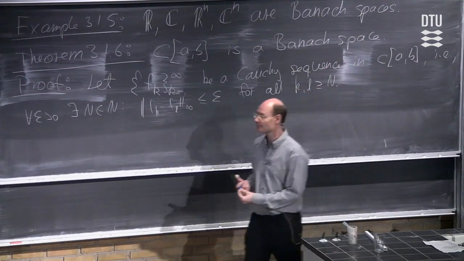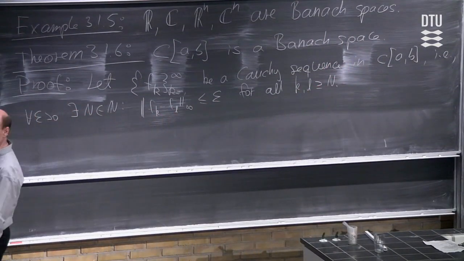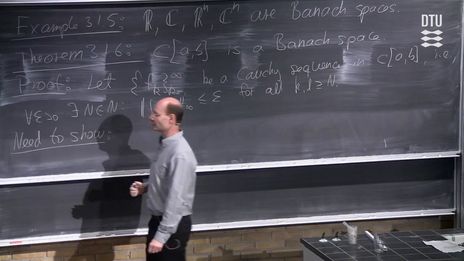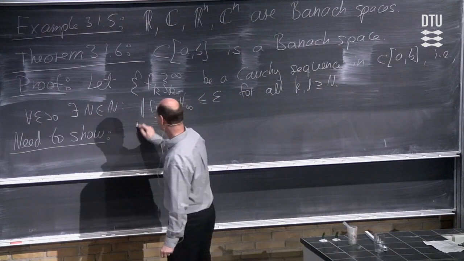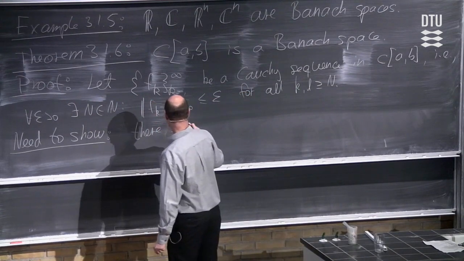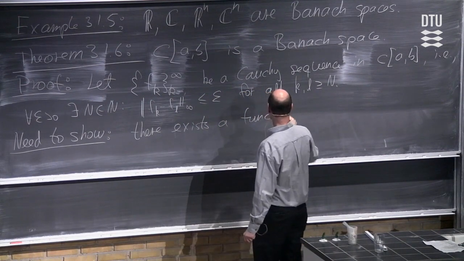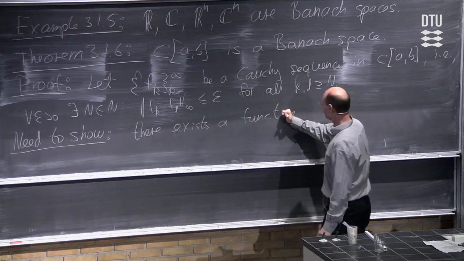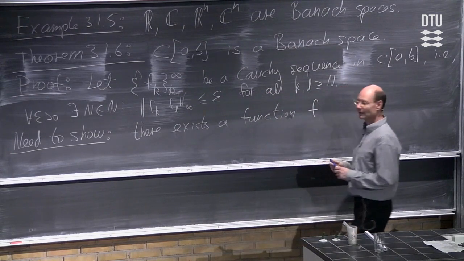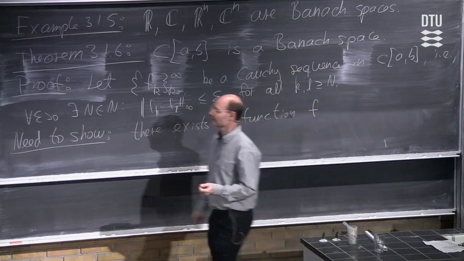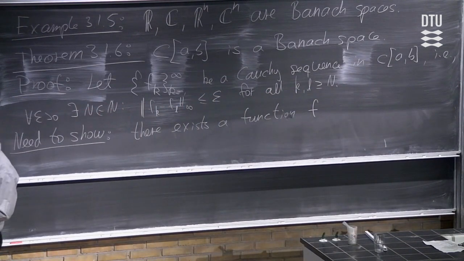And what do we need to show? We need to show that this converges to some element in the space. So we must show there exists some function, which we could just call f, and it should be a function sitting in the space, because this is what it says here. The sequence should converge to some element in the space.